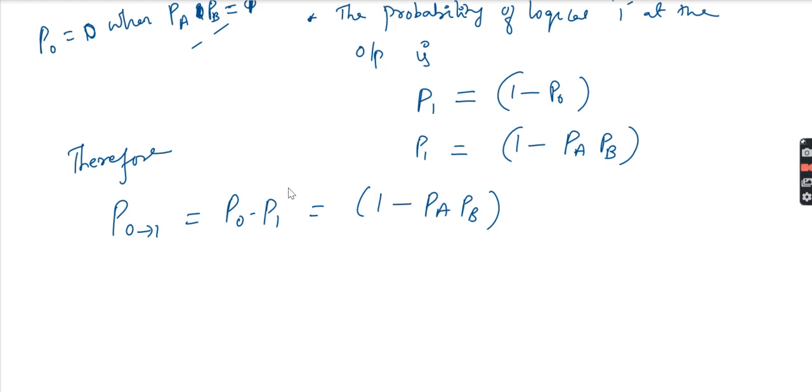So 1 minus PAPB into PA dot PB. This is the switching activity.